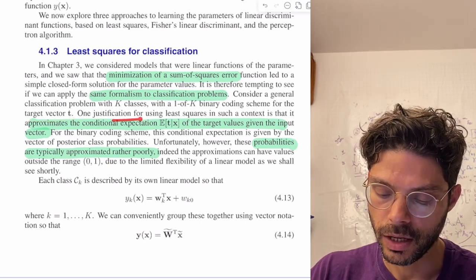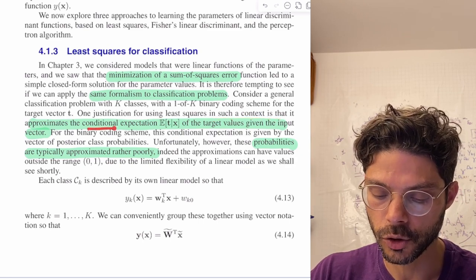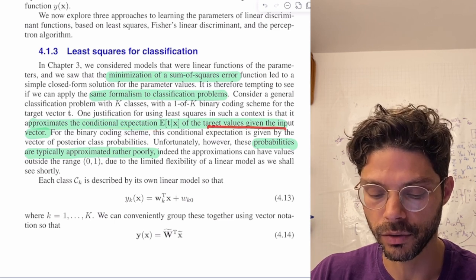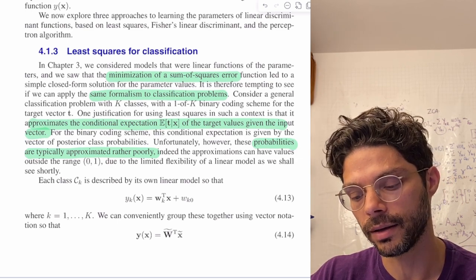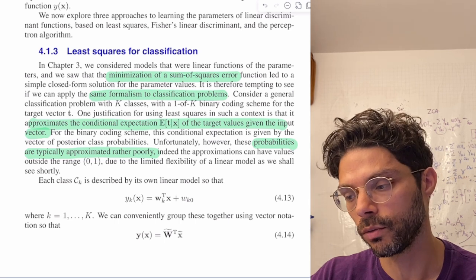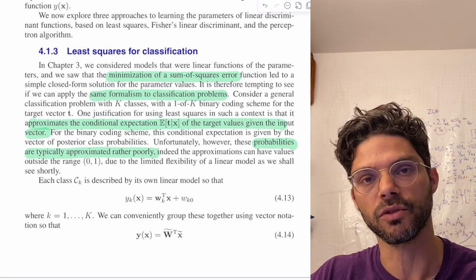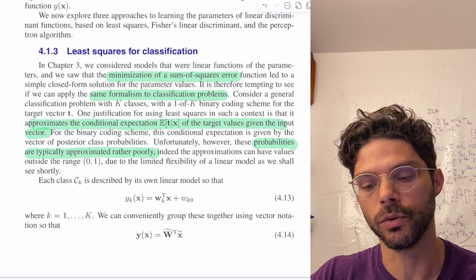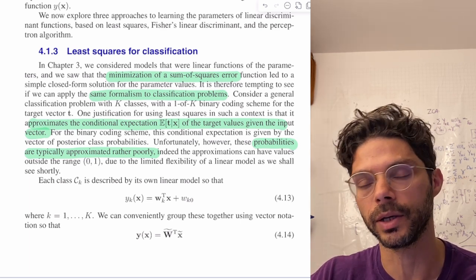Now, one justification for using least squares in such a context is that it approximates the conditional expectation of t given x, the target values given the input vector, right? This comes from the idea that when you're going to report a point estimate given some distribution of your data, the best point estimate you should report depends on the loss, how you're penalizing errors.